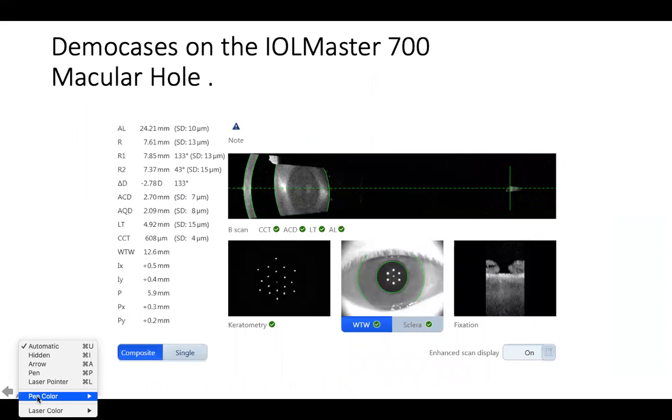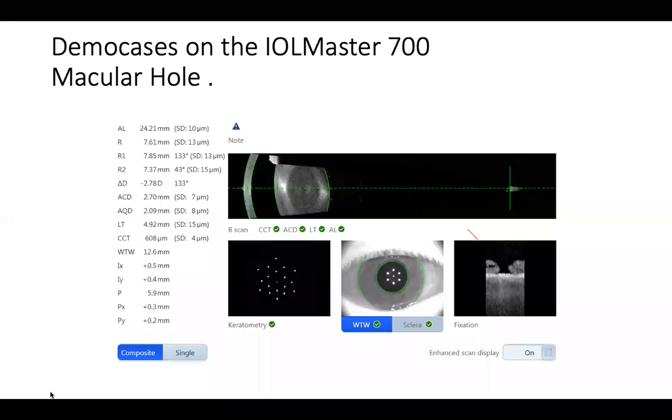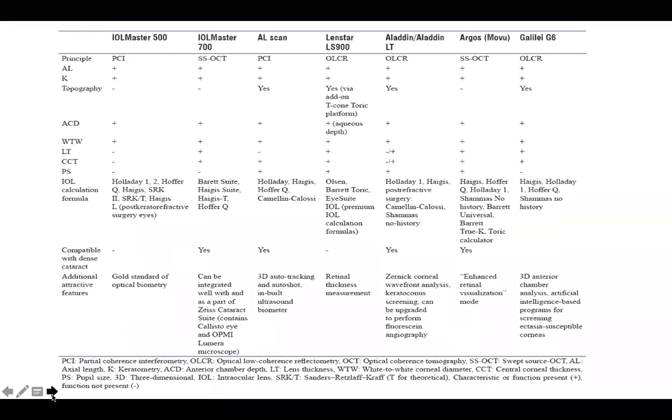It also helps us determine certain retinal pathologies like a macular hole or age-related macular degeneration, which is then going to warrant a macular OCT. Next slide, sir. So this is a brief overview of all the newer optical biometers which are available with their additional attractive features mentioned below. It's worthwhile knowing all the features available with the latest biometers.